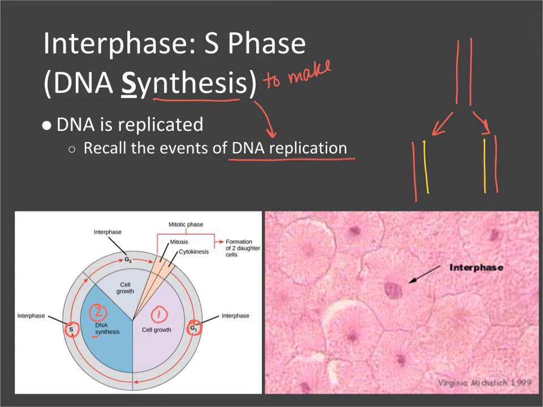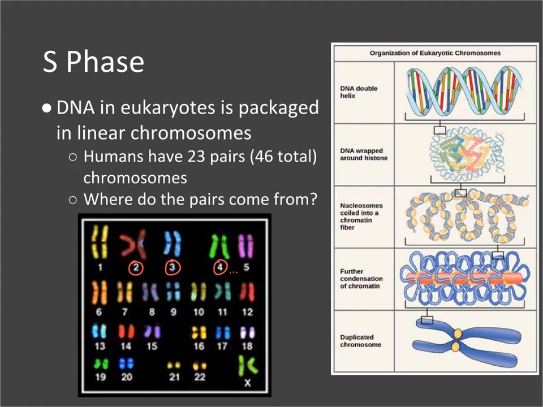So we learned about DNA replication in a previous lesson. So if you don't remember what happens during that, you should probably go back and review what happens during DNA replication. So as I mentioned on the previous slide, the S phase is where DNA gets replicated. And remember that in eukaryotes, and eukaryotes are cells that have a nucleus, which includes humans.